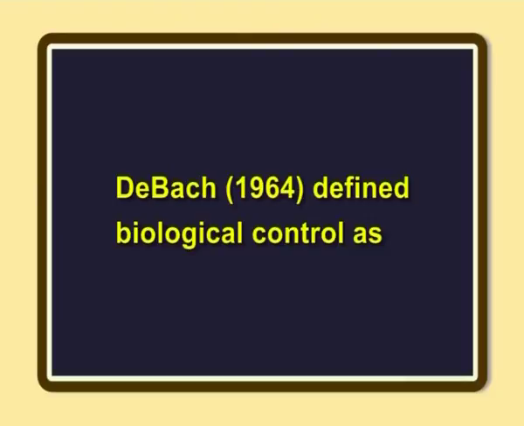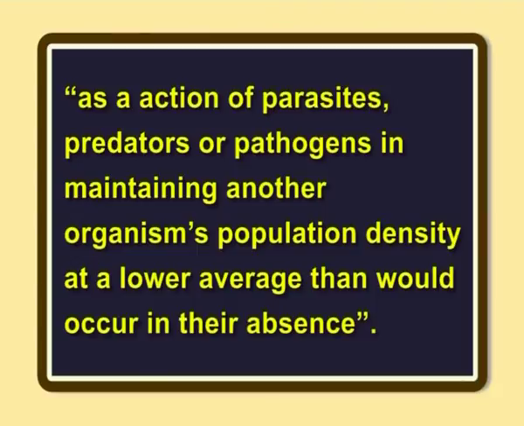DeBach in 1964 defined biological control as the action of parasites, predators, or pathogens in maintaining another organism's population density at a lower average than would occur in their absence.